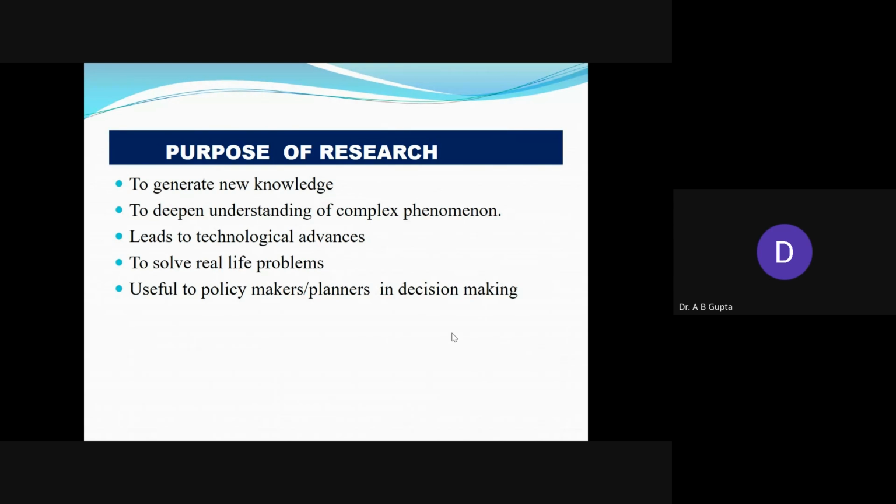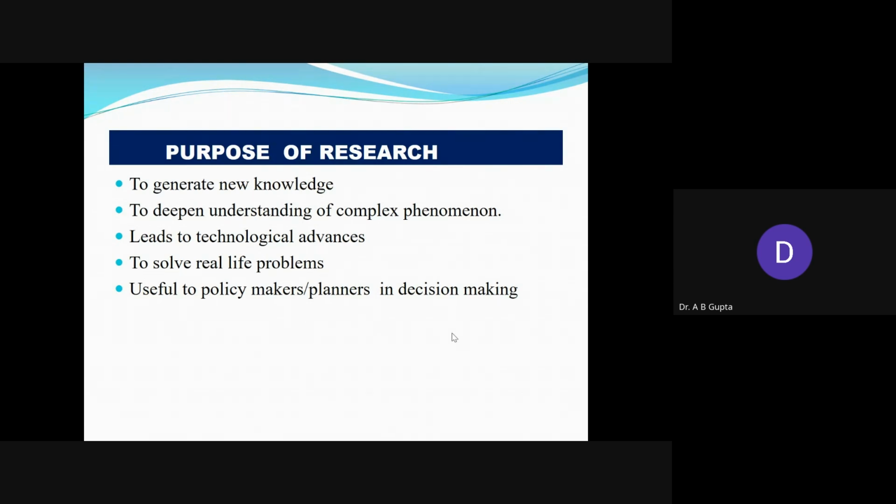If we are conducting research in various fields, maybe medical, maybe engineering, or maybe in the area of health, it is leading to technological advances. All the technological advances, all the tools which we are using, it is all because of research.